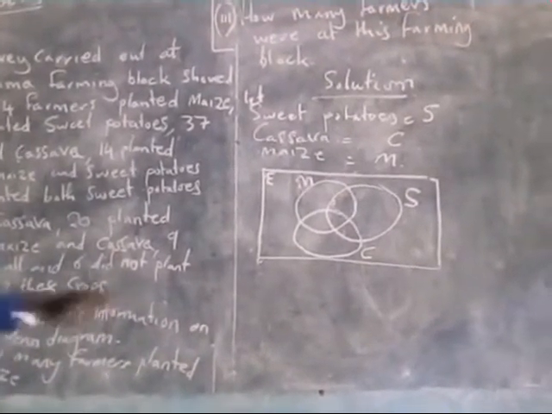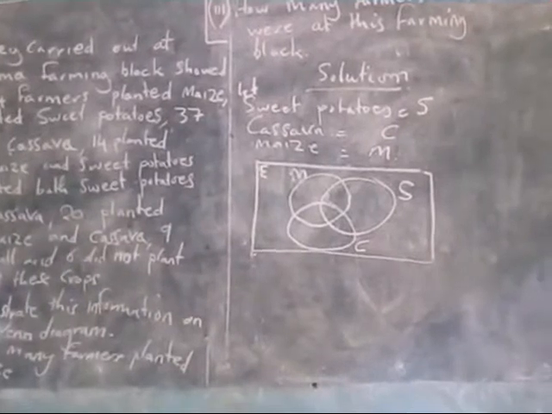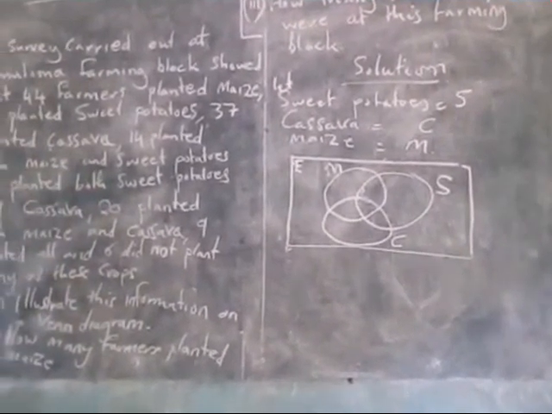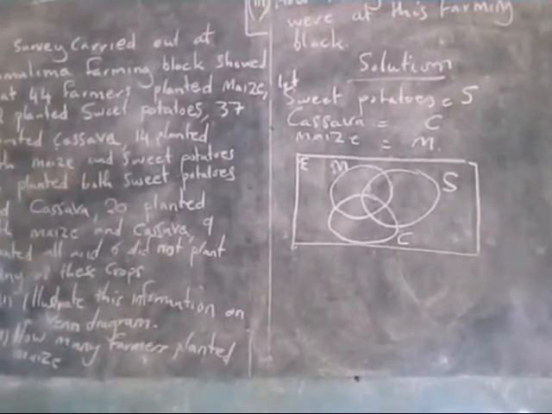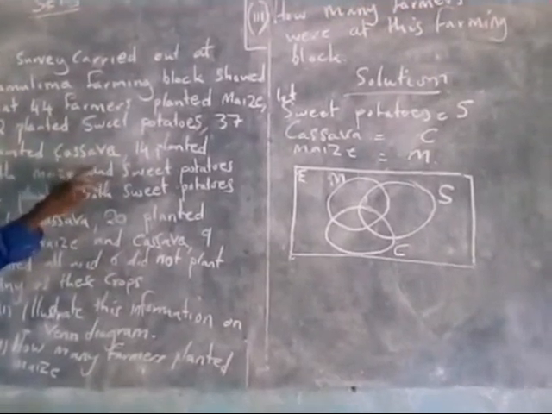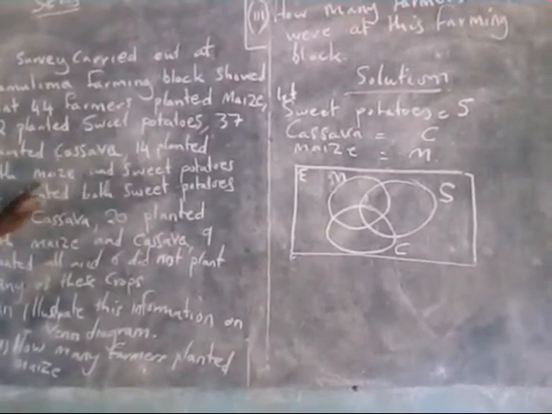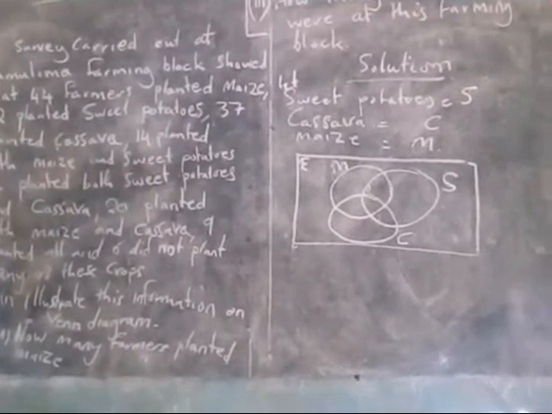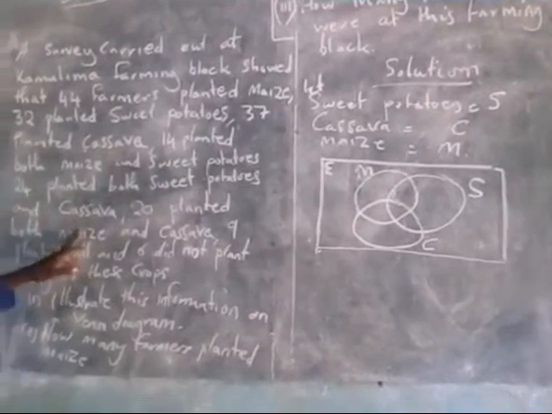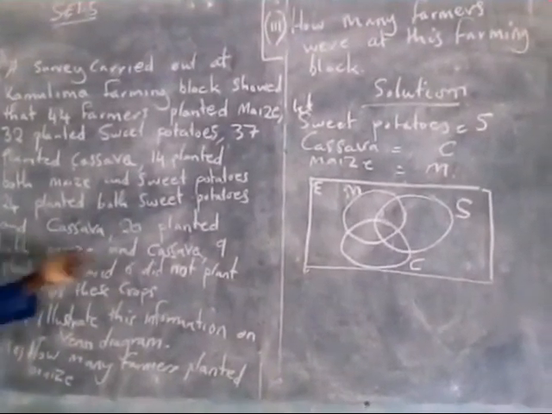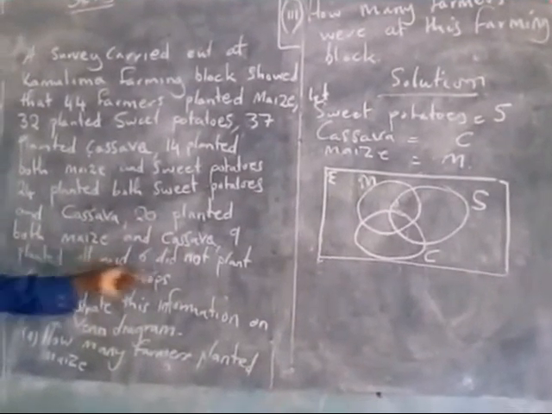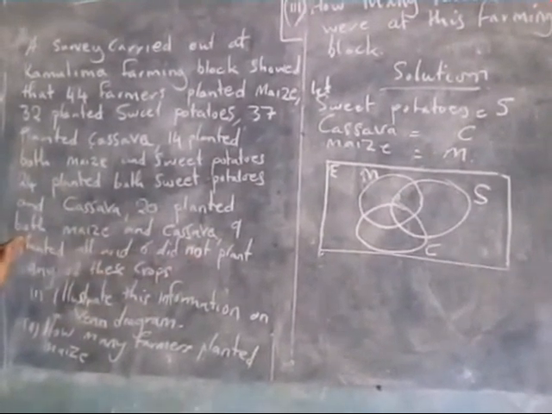Alright, now we start attending to this question. If you look carefully, they say 32 planted sweet potatoes, 37 planted cassava, 14 planted both maize and sweet potatoes, 24 planted both sweet potatoes and cassava, 20 planted both maize and cassava, 9 planted all, and 6 did not plant any.